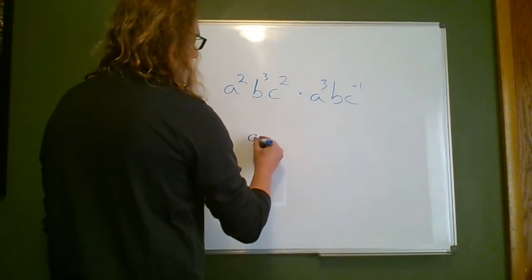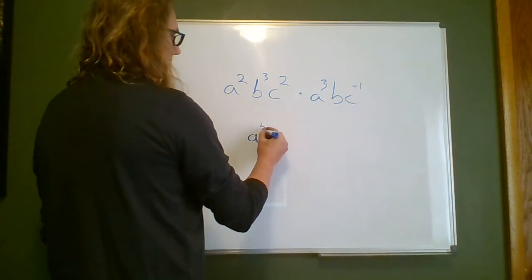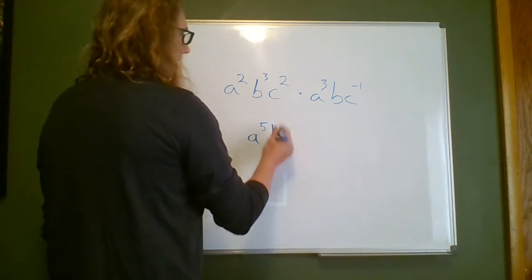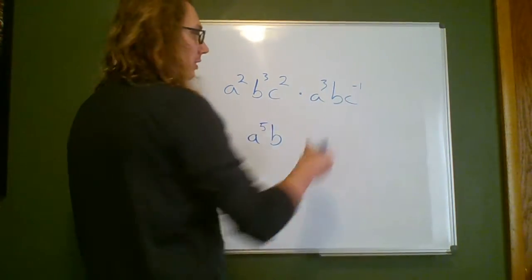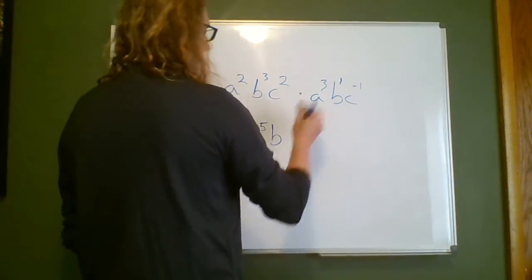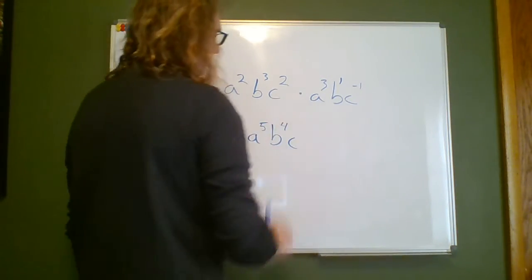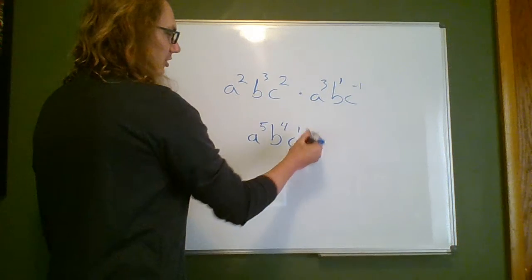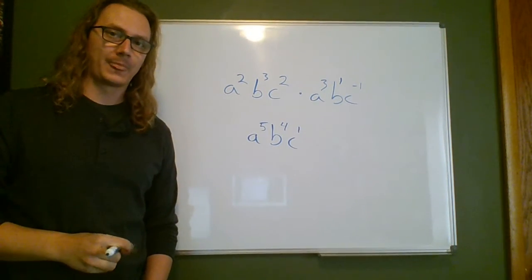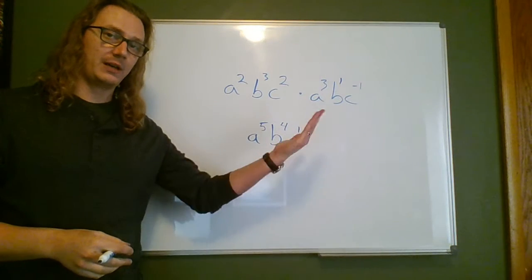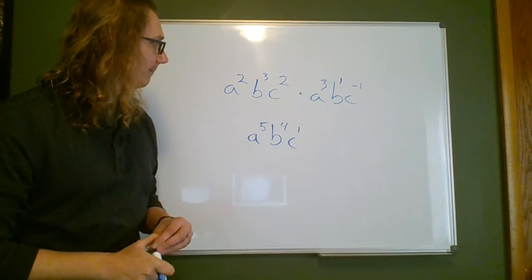For a, we have a squared and a cubed. 2 plus 3 is a to the 5th. For b cubed, there's a 1 here, even though we didn't write it. So 3 plus 1 is 4. And then c squared times c to the negative 1 will just be c. You can write c to the first power or just c; either way will be just fine.